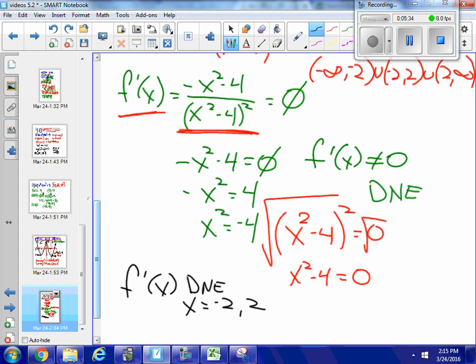But that's not a critical point. That's not going to become a critical point because x at -2 and x at +2 are not even part of the function. So they don't exist in the function, then they certainly can't be critical points.